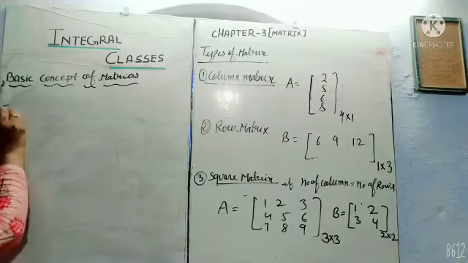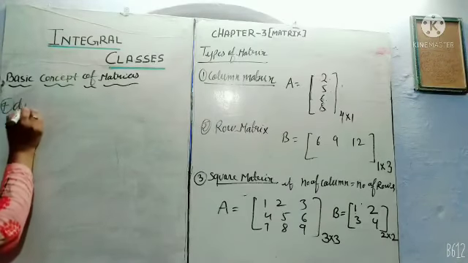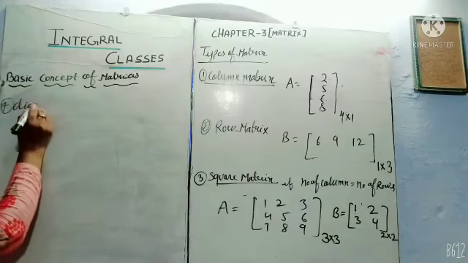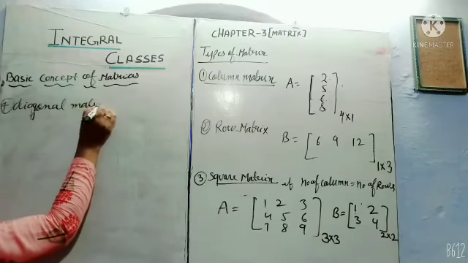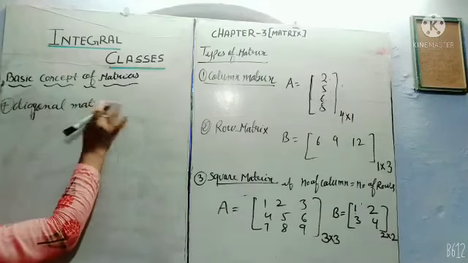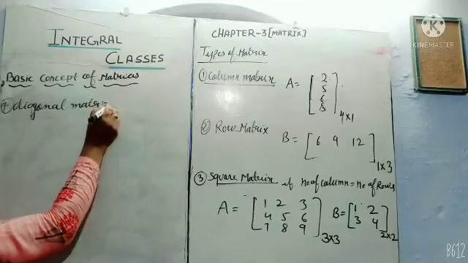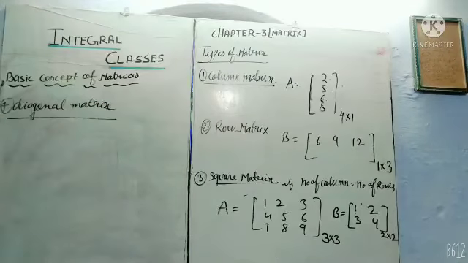Next is the diagonal matrix. What is the definition of a diagonal matrix? A square matrix is said to be diagonal if all its non-diagonal elements are 0.